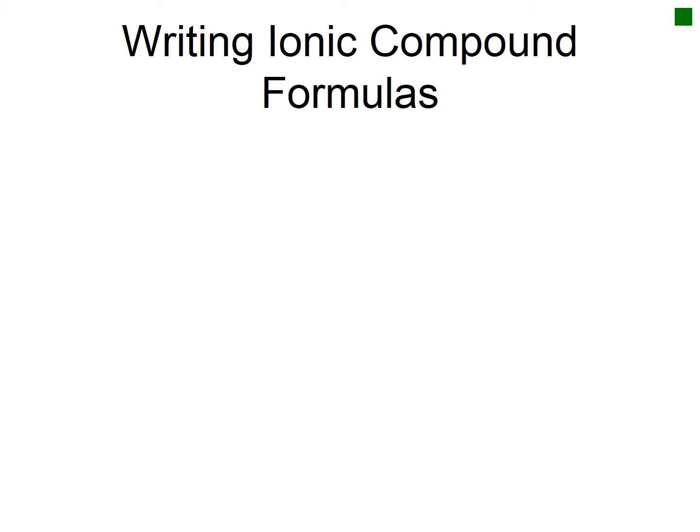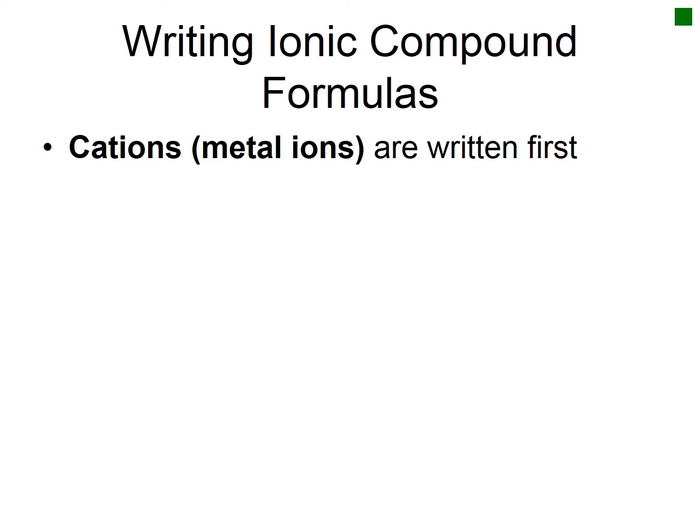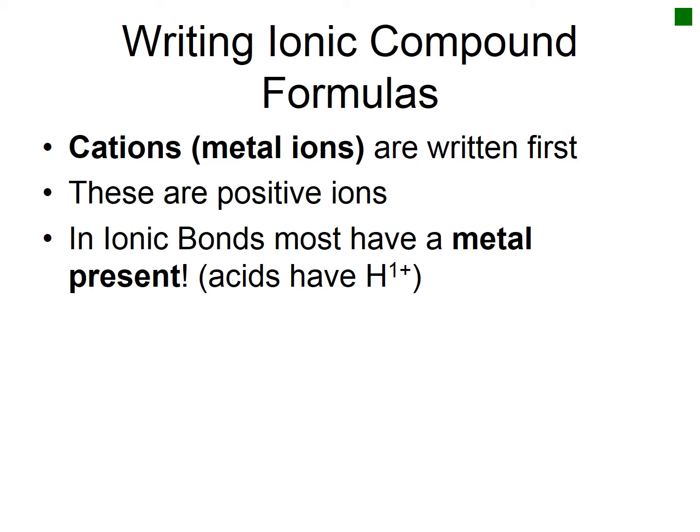So in terms of writing some ionic compound formulas, we have some general rules. First thing is that cations, the metal ions, usually the positively charged ions, are written first. So those are all the positive ions. In an ionic bond, most have a metal present. There are some exceptions, like acids will have an H+, which is a cation.